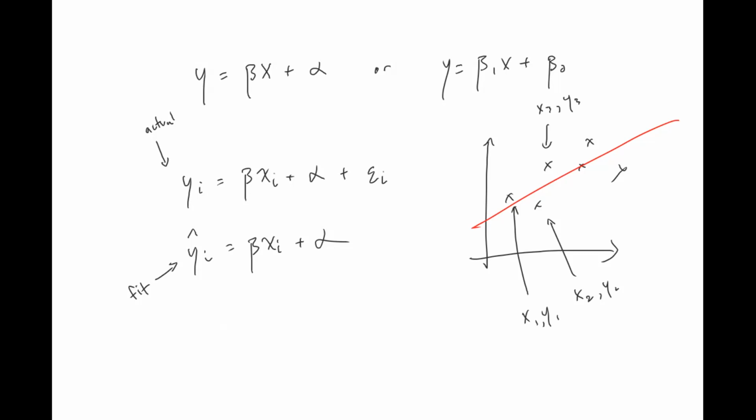I can essentially do a smart version of guessing and checking, right? I can move my line up and down and wiggle it until the sum of my squared errors is as small as possible. And that refers to a set of numeric methods.